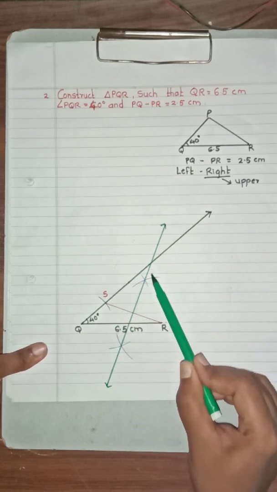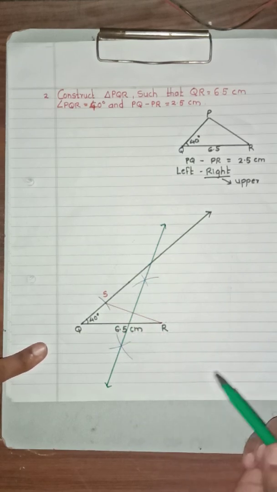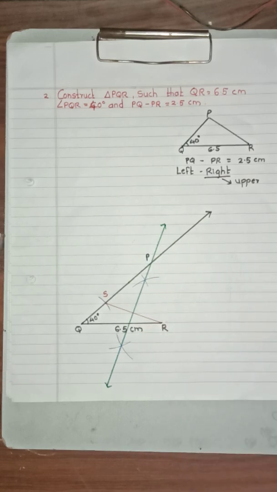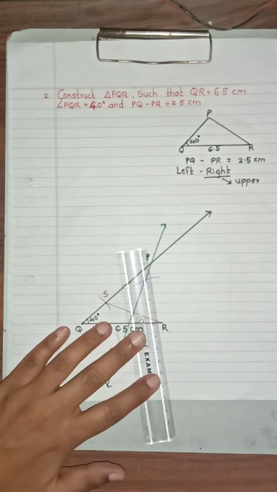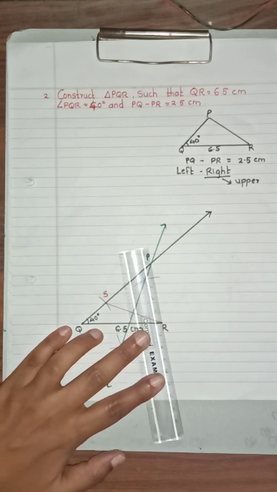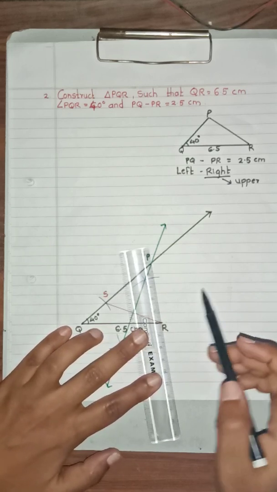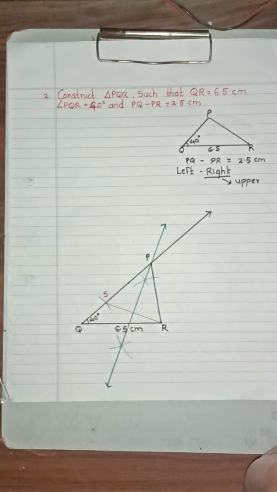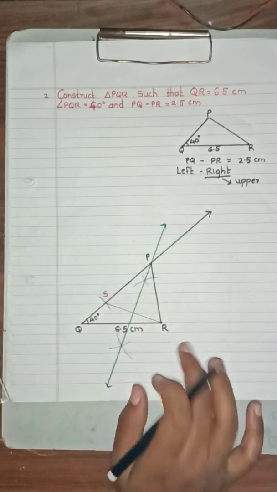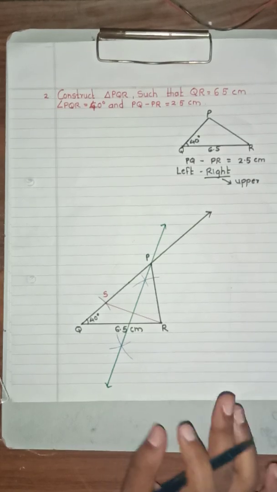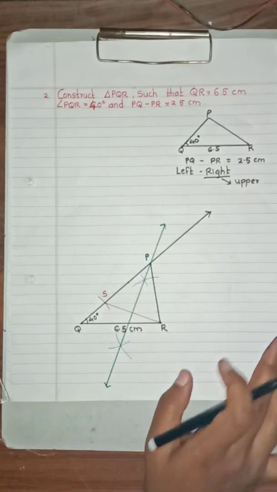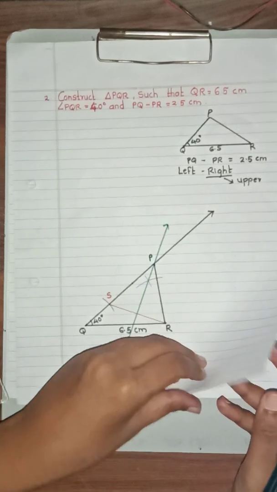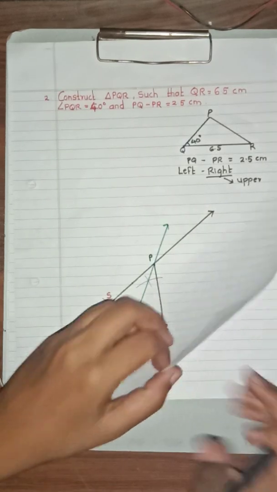Now from this point you have to join this to R. Okay, we'll name this point as P, and with the help of the scale we'll join this point. Got it? In this way you have to construct triangle PQR. Okay, now let us move on towards the last question of this practice set, that is question number 3.